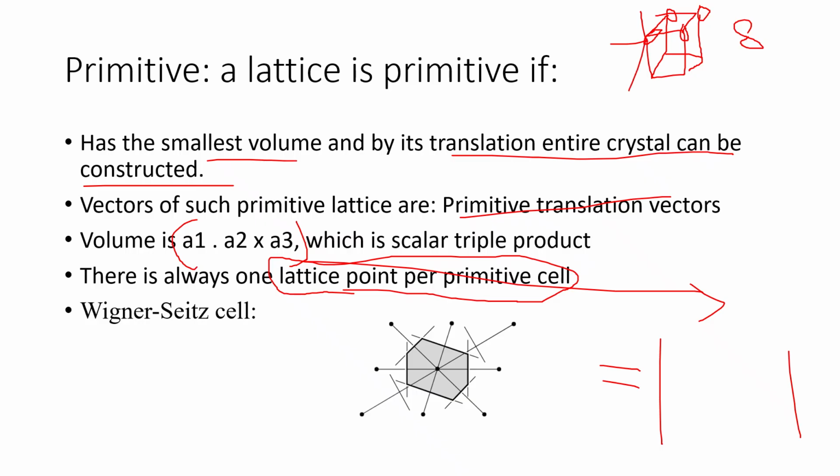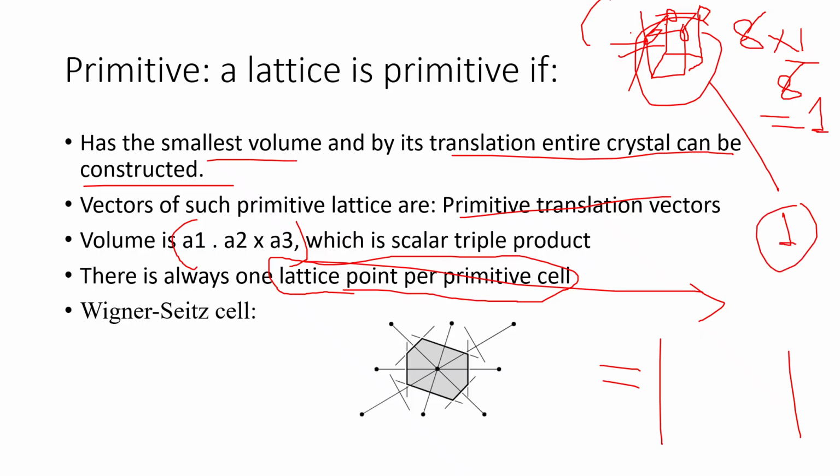The sharing is going to be 4, and 4 in the opposite direction. So one lattice point is being shared by 8 neighboring cells. That means the effective lattice point is 1. So this cube is contributing only one lattice point.